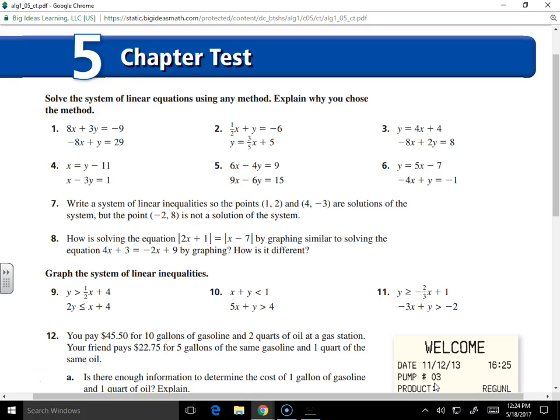Is anybody else stuck on number 3 at all? I'll look at number 3. They might not have gotten that far. As you guys are looking at number 3, what are the ways that we can solve?